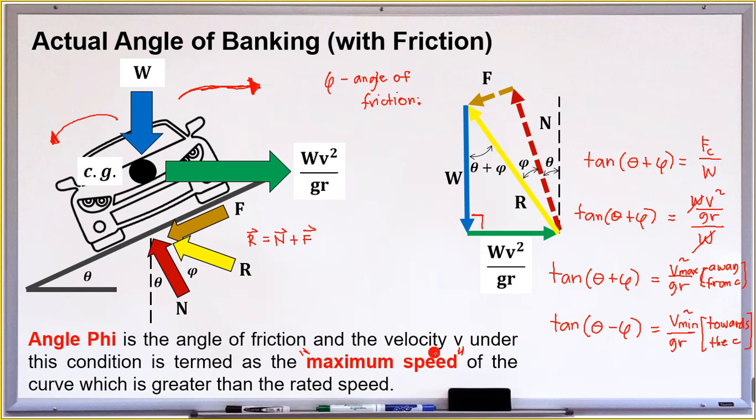Again, the reason a vehicle tends to slide away from the curve path is the effect of the centrifugal force. What counteracts it in the actual scenario are two parameters. First is the normal force due to the inclination of the road, and also the frictional force.